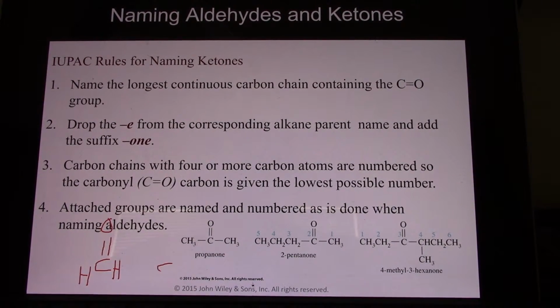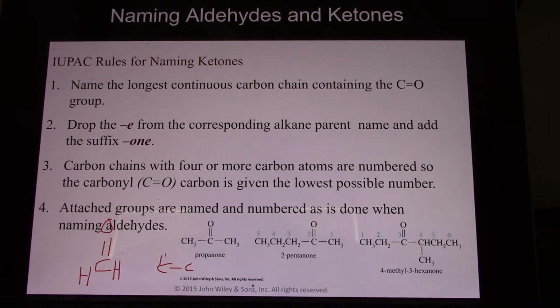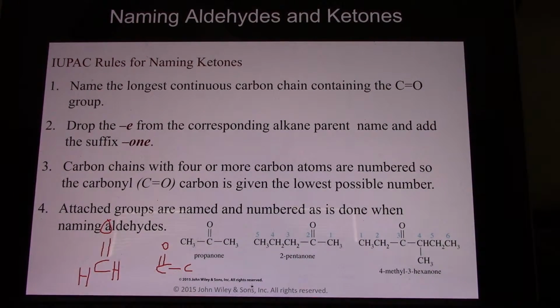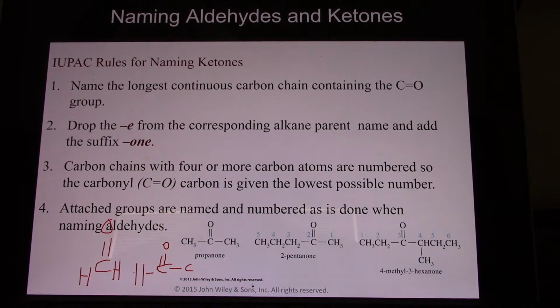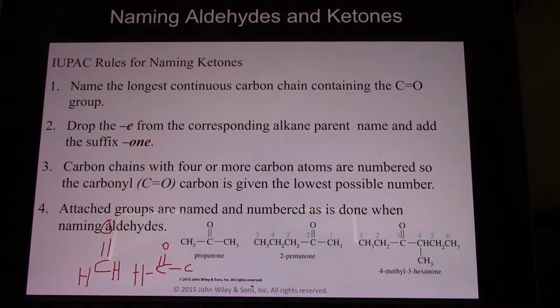With two carbons, they're both terminal carbons, and so regardless of which one you put the double bond on, it's also going to have an H there. It's going to have to be an aldehyde. So with 1 and 2 carbons, you only get aldehydes. To get an actual ketone, we need at least 3 carbons. And so acetone, or propanone, is the smallest ketone we're going to find here.